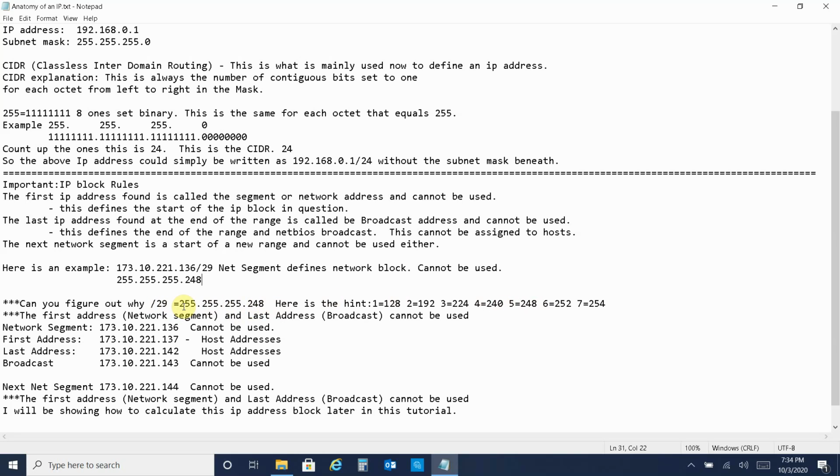So you got 29 contiguous ones going all the way across here. You got 8 here, 8 here, 8 here, and here you only have these 5 contiguous ones. They all bump up against the rest of these, and the rest are zeros. So how many zeros do we have left here? Well, if there's 8 here and you got 5, you got 3 zeros left. That would be the amount.